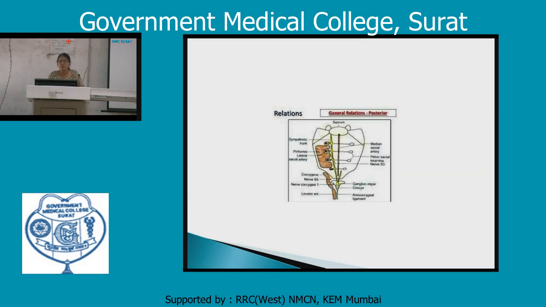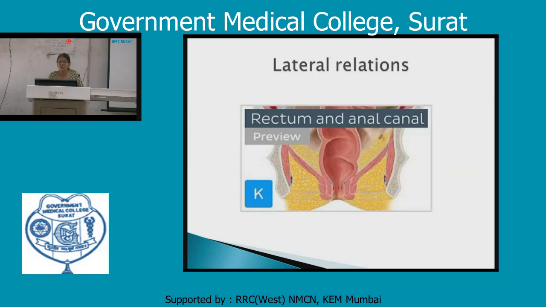Now what are the lateral relations of the rectum? In the upper part, there is the pararectal fossa, which contains coils of intestine, with loose areolar tissue on each side, and in the lower part the rectum is laterally related to the levator ani, or pelvic diaphragm.